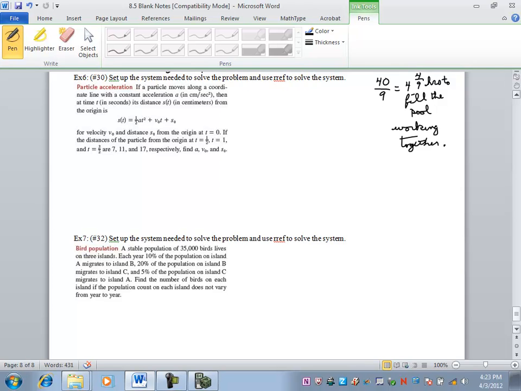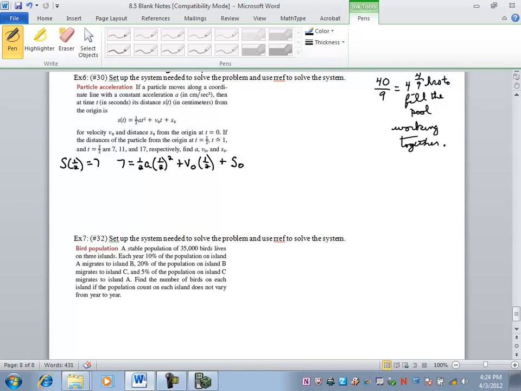If t is 1/2, then my output is 7, and that gives me this equation: 7 equals 1/2 a times 1/2 squared plus v sub naught times 1/2 plus s sub naught.